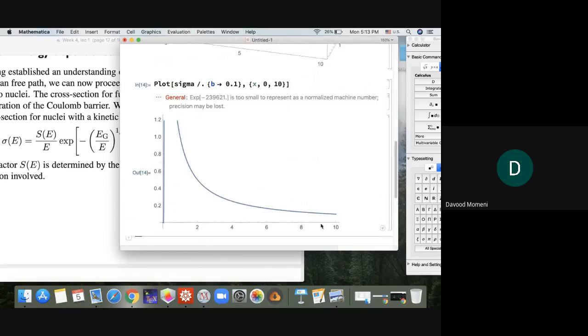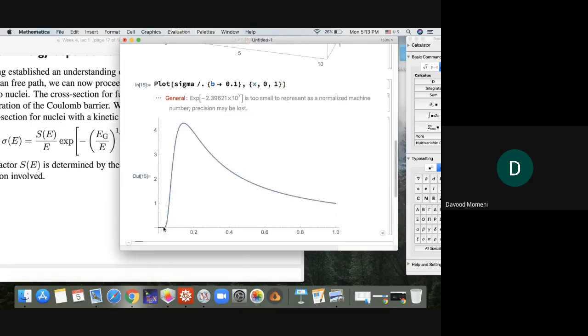The function of E, I mean X here, will be important only at very low energies, as you see. At very low energy, the reaction cross section is almost 0. It will increase up to the maximum, and then decrease.